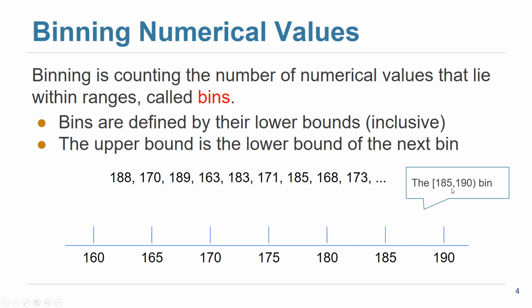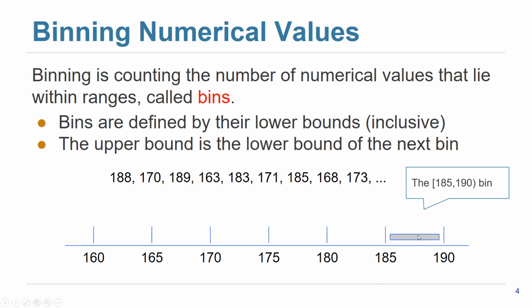So every value that is greater than or equal to 185 and less than 190 will belong to this bin. Okay, so that's how we define bins. We define it with the lower bound and upper bound, and the lower bound is included, the upper bound is excluded.